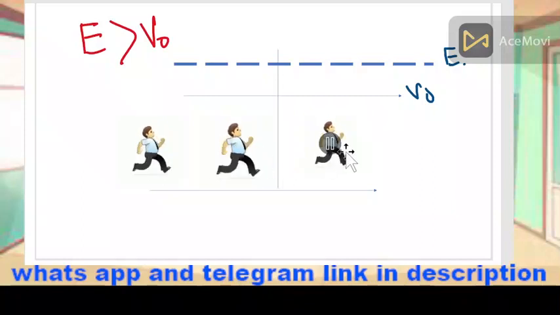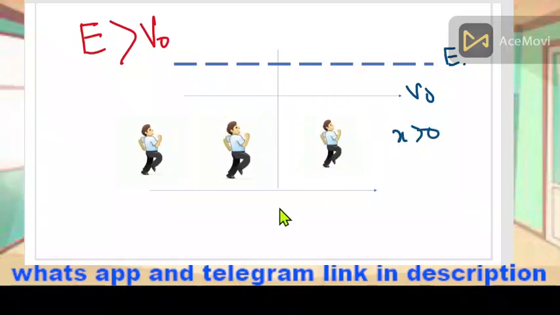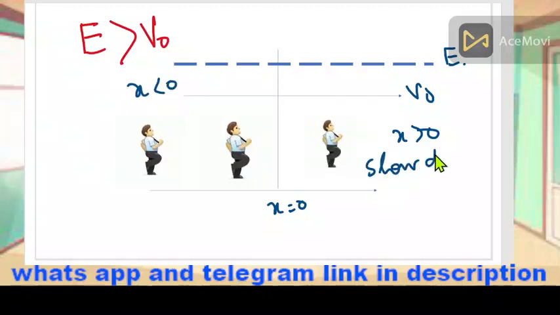So what will happen? He will cross this region. He will enter this region x greater than 0, means crossing the potential step. Maybe his speed will slow down. This is the effect of interaction with the potential. Some of the energy is lost.